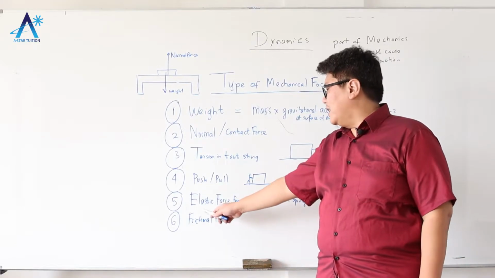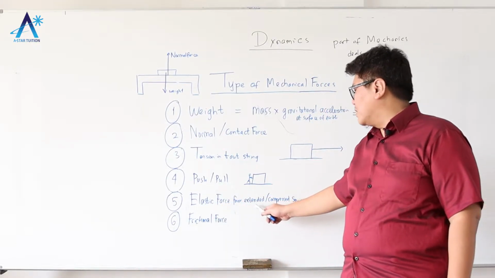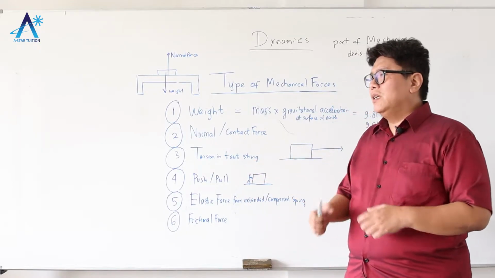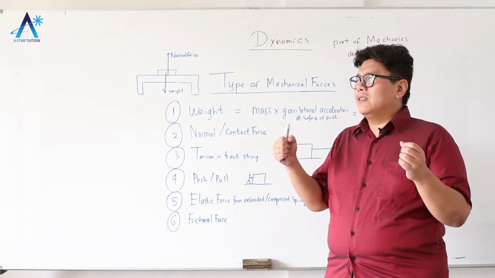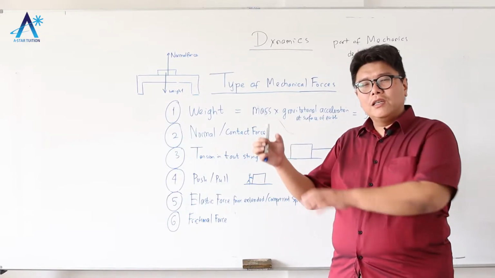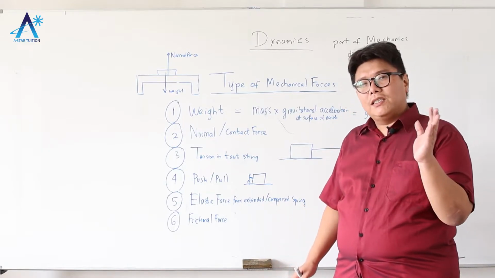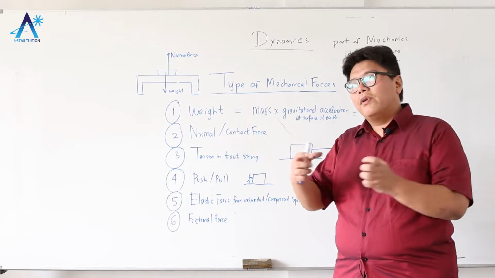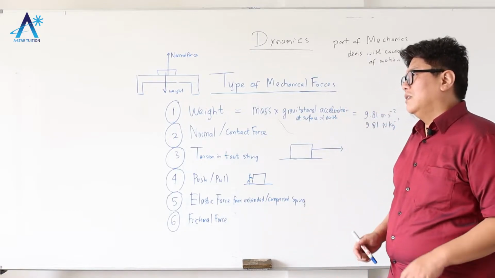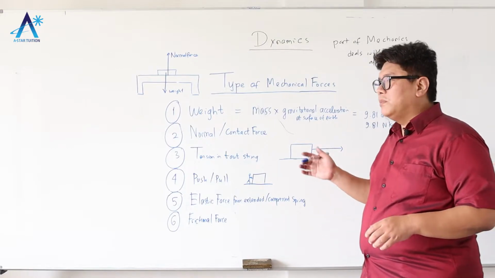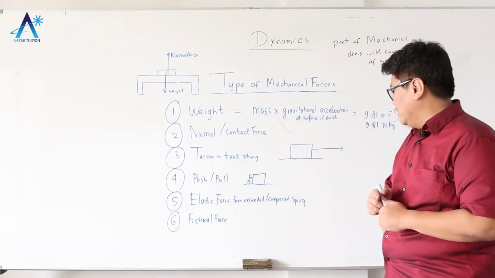The next one is the elastic force from an extended or compressed spring. Now when you have an elastic spring, and you attach one end of the spring to another object, then if the spring is stretched or compressed, the spring can actually exert an elastic force to the object that is attached to it.